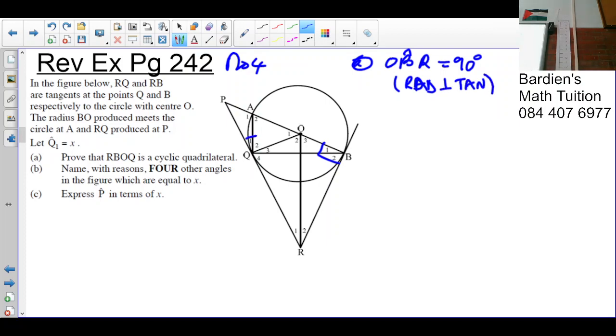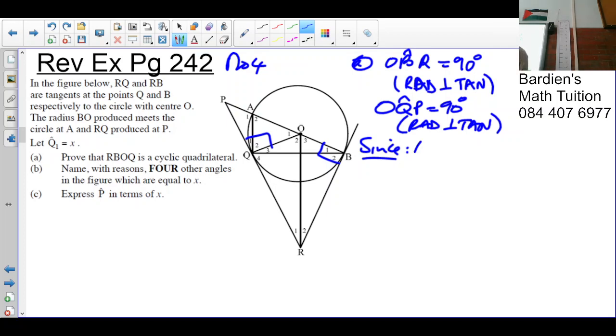Okay? Q1 and Q2 is x, which is OQP, or PQO, equal to 90. Same story. Radius perpendicular to tangent. So we state the obvious.